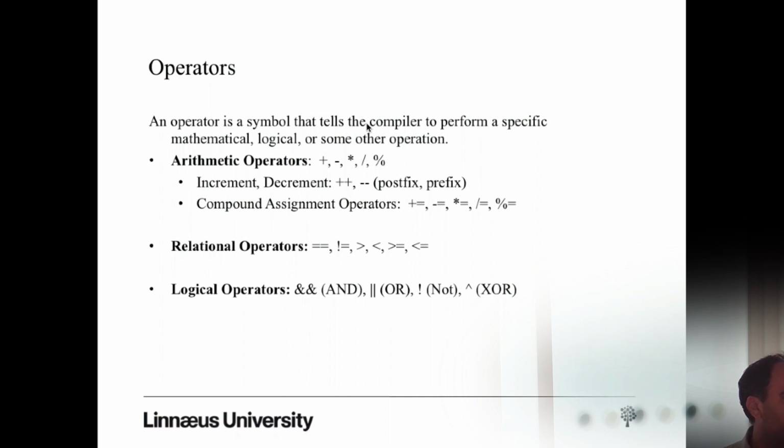If one of the expressions is true, the whole expression will become true. And NOT, if you have a Boolean value, the NOT will negate it, it will invert it. If it's true and you put a NOT, it will change the true into false and the false into true. And then we have an exclusive OR.